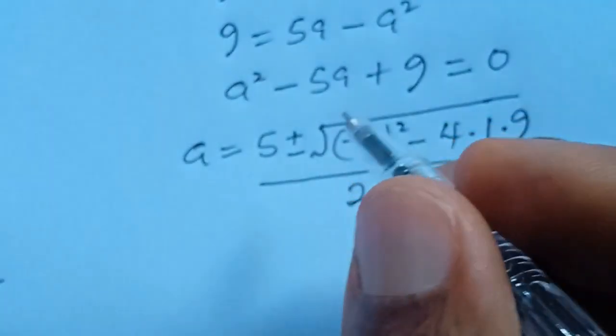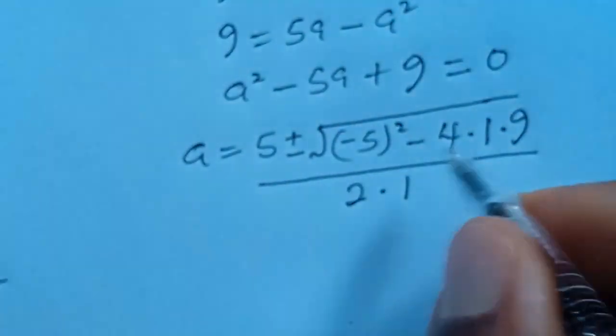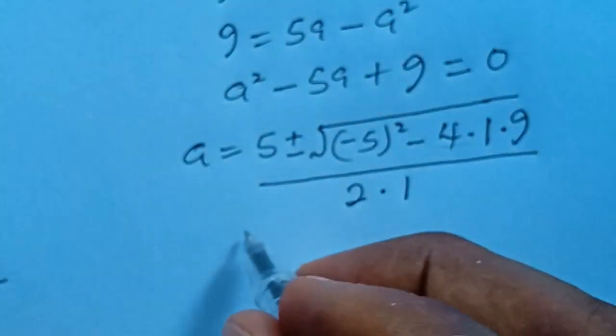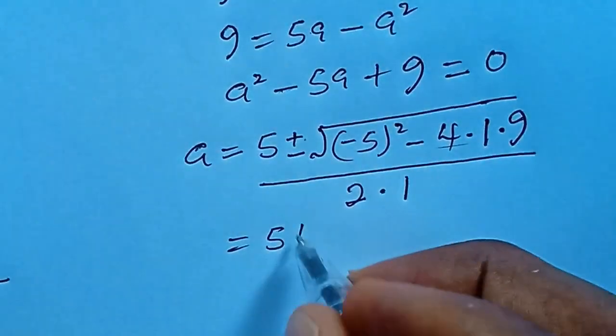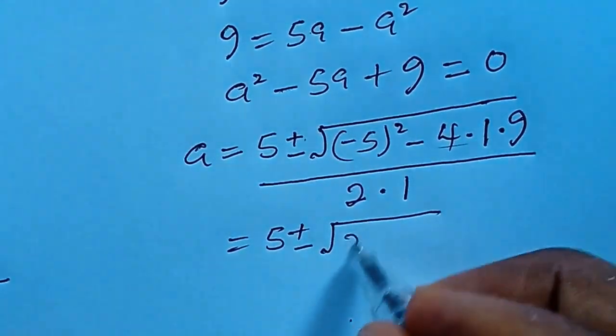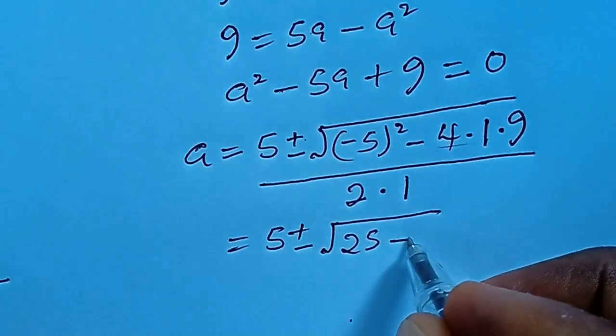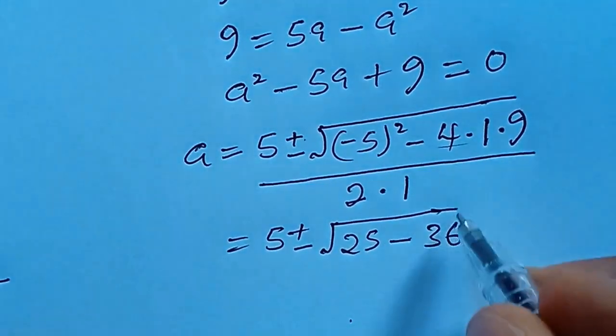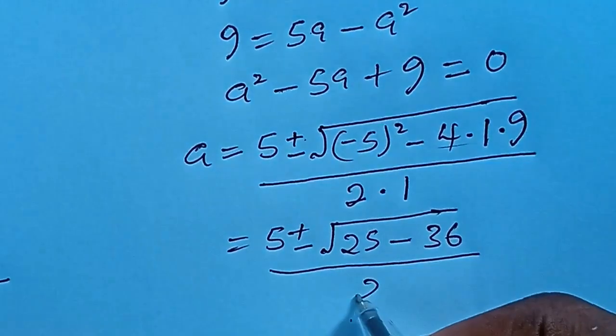Here we simplify the formula. We have 5 plus or minus the square root of 25 minus 36, over 2.